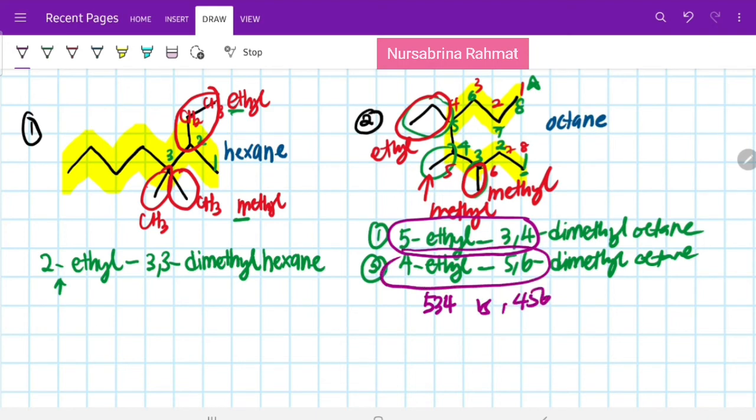So 4, 5, 6 is the lowest set of numbers. Therefore, the second name is accepted and the first one is rejected. So the name for compound 2 is actually 4-ethyl 5,6-dimethyl octane.